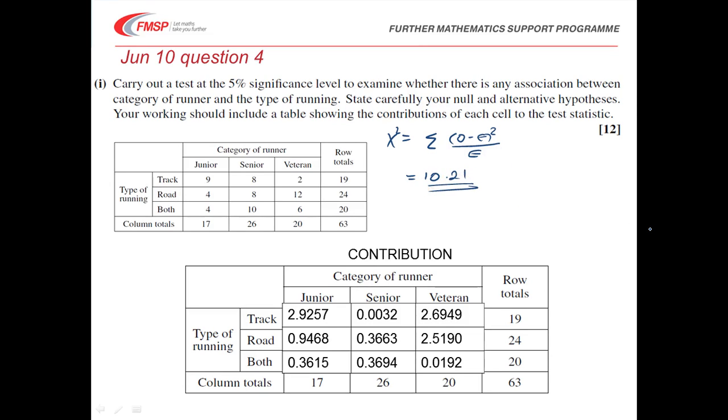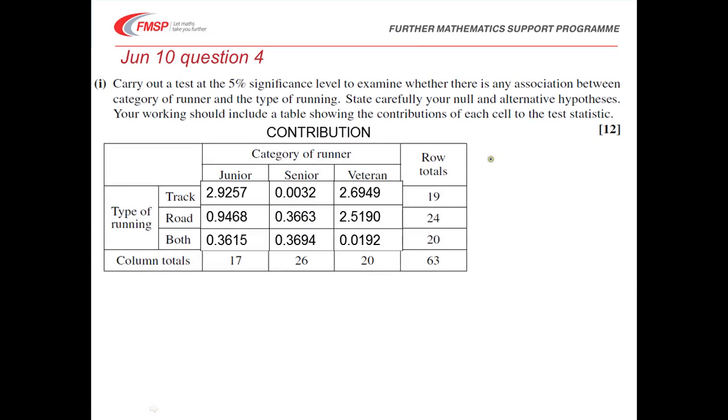So the sum of all contributions is equal to 10.21, and we've already decided that we have 4 degrees of freedom. Just to remind you, the degrees of freedom is number of rows minus 1, number of columns minus 1, which is 3 minus 1, 3 minus 1, which is 4. So we've got 4 degrees of freedom on the chi-squared table, and we're looking that up at the 5% level.